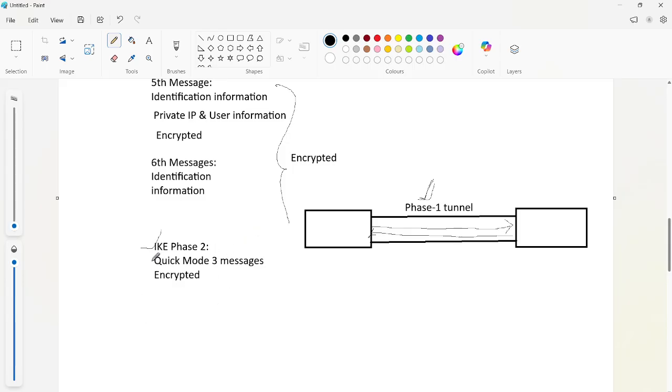Whatever information is required to build a phase 2 tunnel, we exchange inside phase 1. That is the reason we can see all three messages are encrypted. Got it? Any confusion or doubts here?